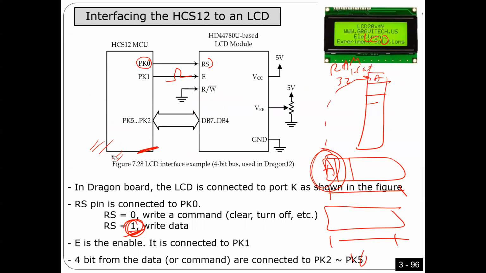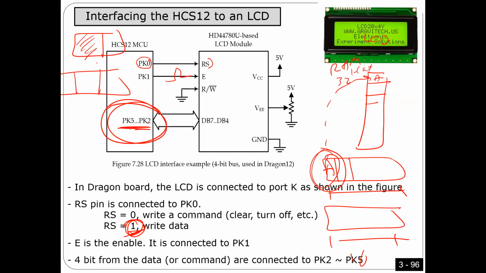If you look here, you may figure out something. My data should start from bit number 2 to bit number 5. So when I shifted twice, you are going to start from bit 2 to bit 5. That's why when I write to port K, these 4 bits are going to come here. That's why I shifted twice. Make sense? Because the 4 bits should start from bit number 2 to bit number 5.